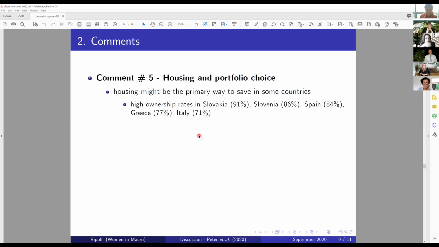People don't want to buy government bonds. Italy is famous for telling the banks that they are obliged to get certain government bonds. And people just put all their savings into housing. That's the portfolio choice. So I wonder whether there is a friction in there that is not a credit market friction, not a rental market friction, but that also explains the high ownership rates from the portfolio choice perspective.